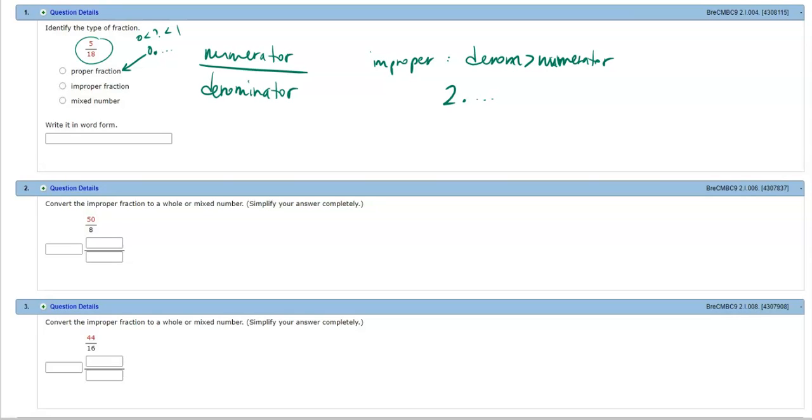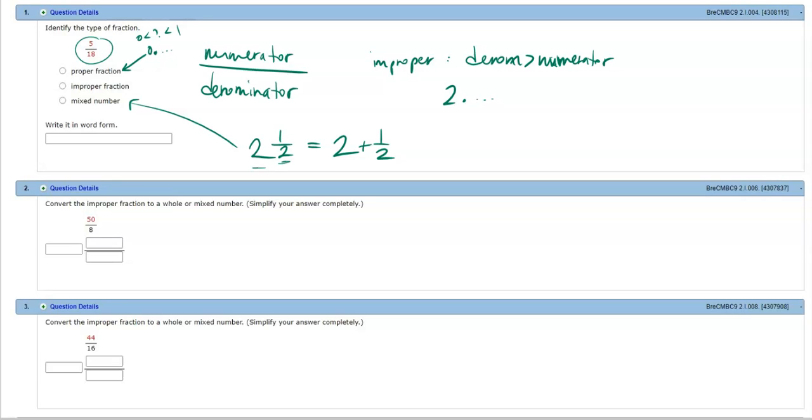A mixed number is kind of the same as an improper fraction, but we put a whole number in the front, for example the number 2, and then we put a fraction behind it, like 2 1/2. What this actually means is 2 plus a half. You've got 2 as the whole part, and then plus another half after that.